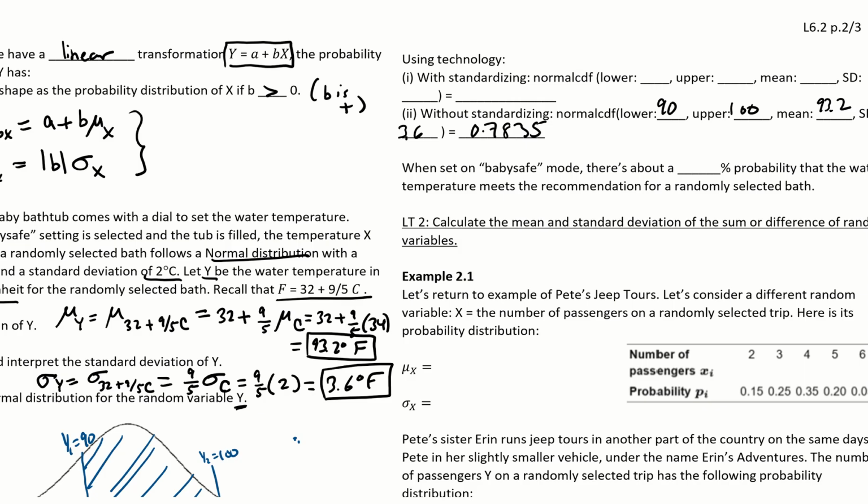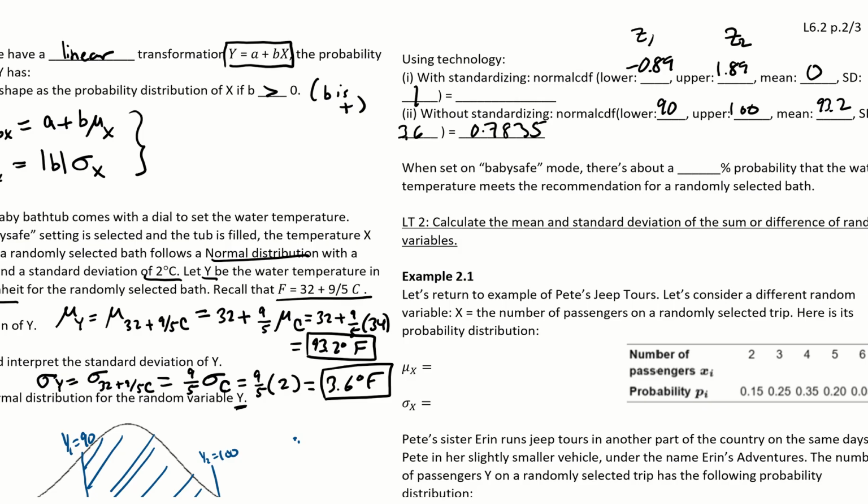Now with standardizing, that's with z, so you're going to be using the z-scores. The lower value was negative 0.89, the first z-score we got, z1. The upper one was 1.89, the z-score for z2. The mean is always 0 for the standard normal distribution, and the standard deviation is 1.